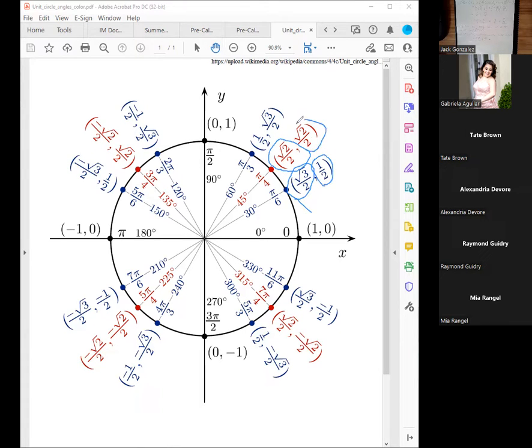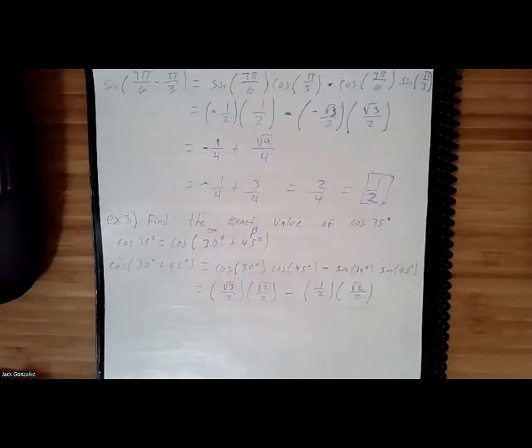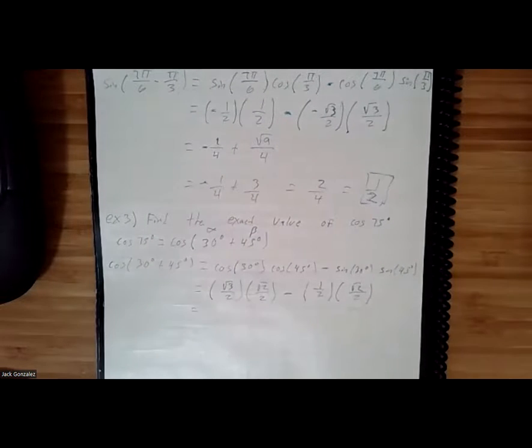Sine 45. And that's it. At this point, just multiply it out. Root 3 times root 2.